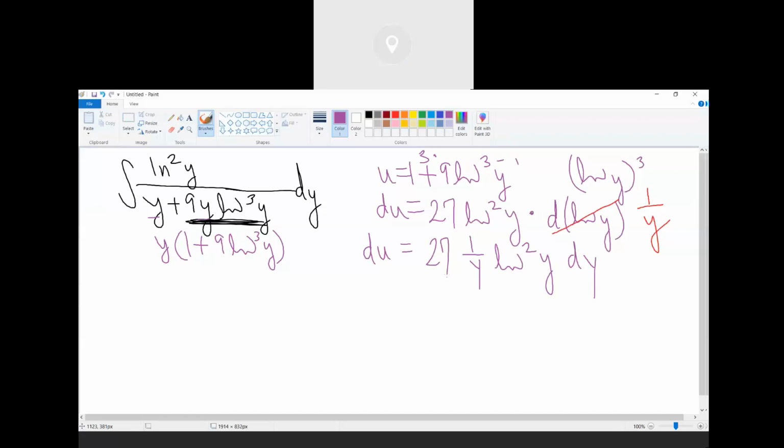Now, if you compare your derivative to what we were given, we have the 1 over y part and also the natural log squared dy part to plug in. But we have that 27 that we need to get rid of. So just divide both sides of your derivative by 27.